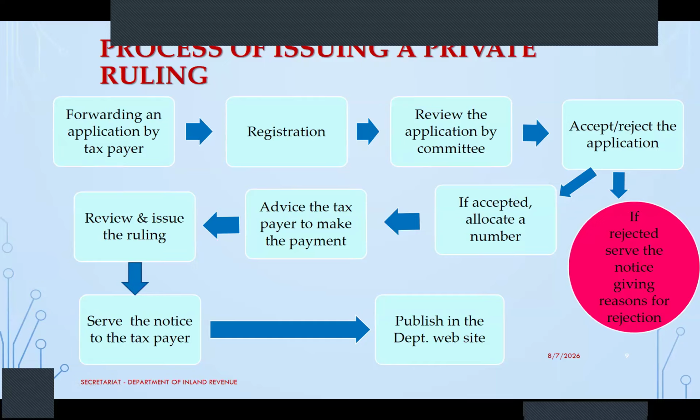Then with that specific number, the taxpayer should be informed, advising them to make a payment, because 25,000 should be paid to the department to request a private ruling.